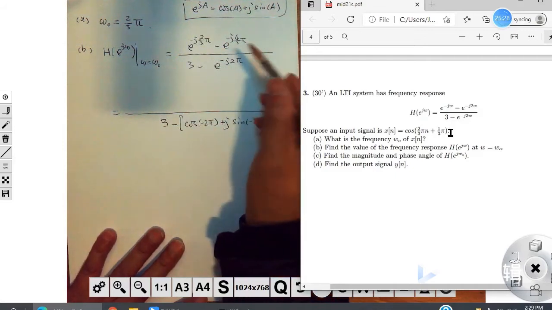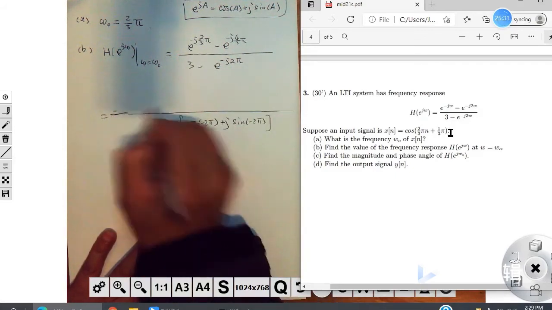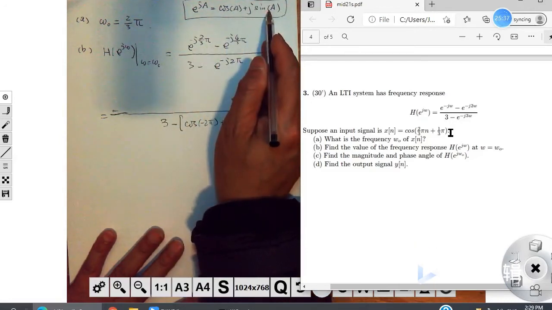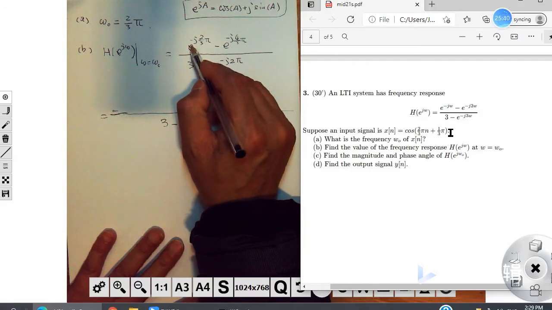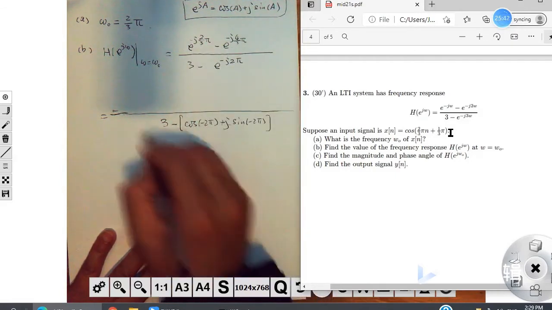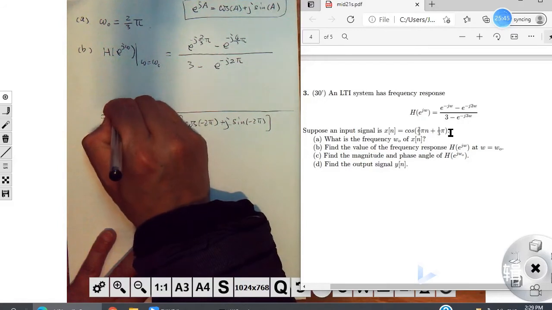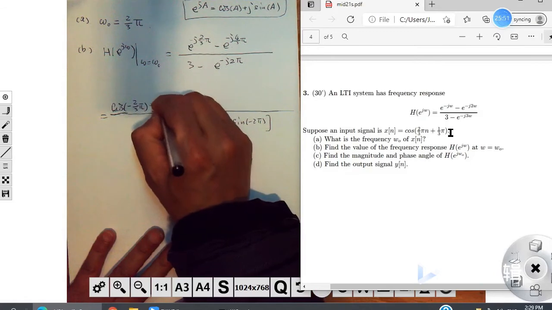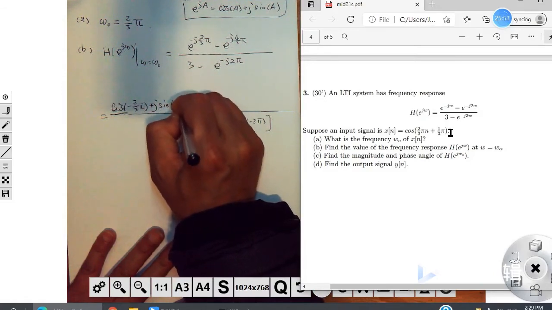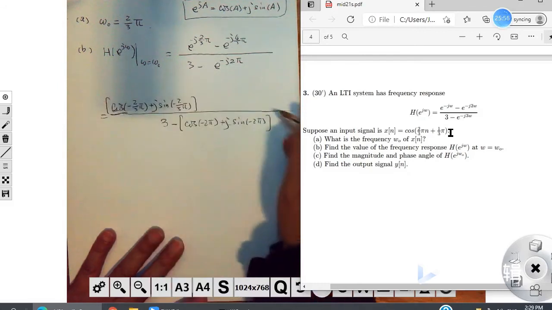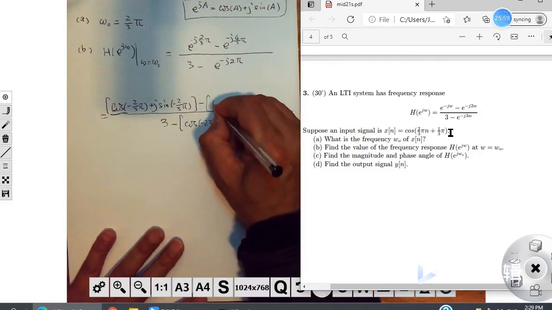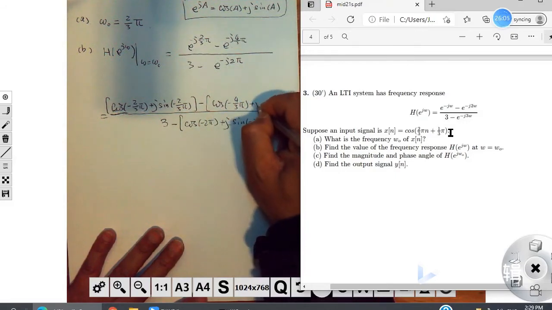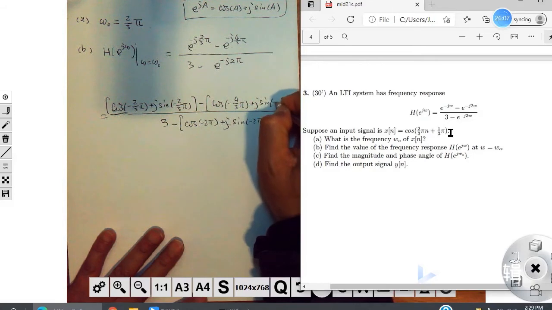Then the numerator, we have more space. We have two exponential powers, so we need 2 of them. First one you can write in this way: cosine of negative 2/3 pi plus j sine of negative 2/3 pi, and minus cosine of negative 4/3 pi plus j sine of negative 4/3 pi.